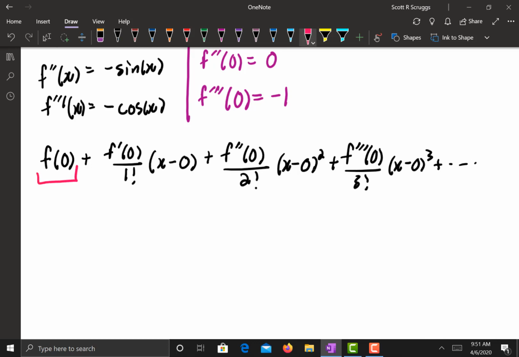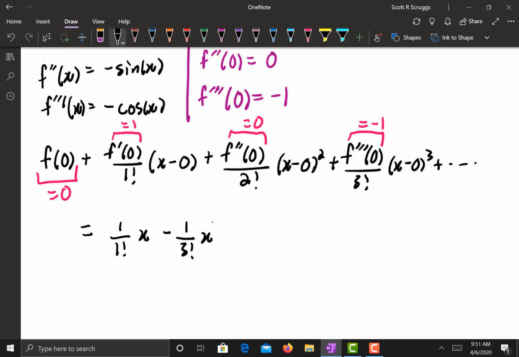But from our work, we know that gives me 0, that gives me 1, this is again 0, that gives me negative 1. So after simplifying, what I have is 1 over 1 factorial times x, minus 1 over 3 factorial x cubed.